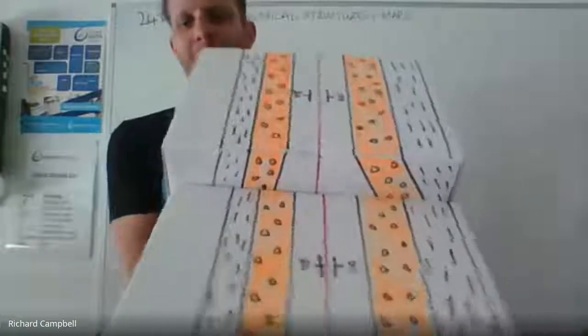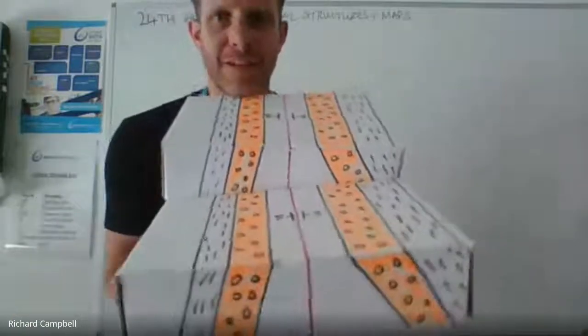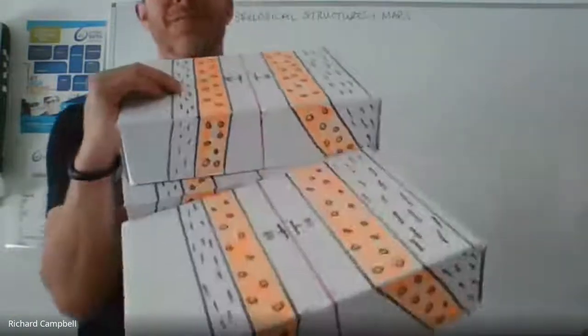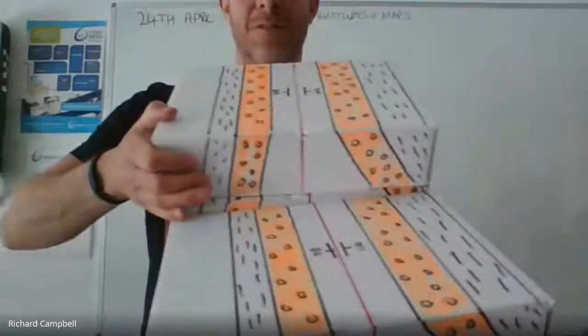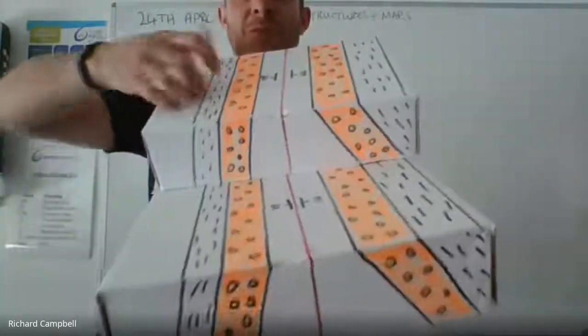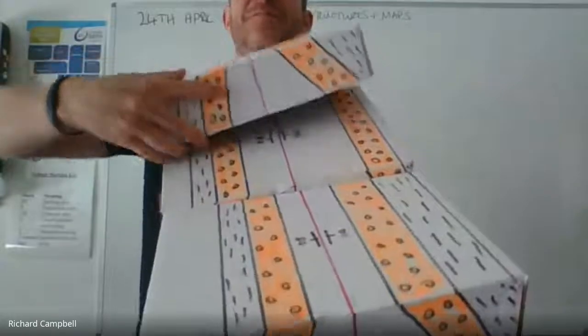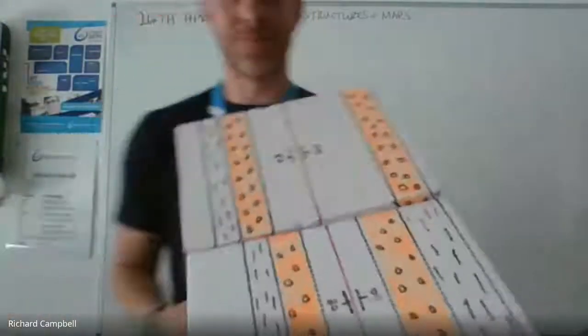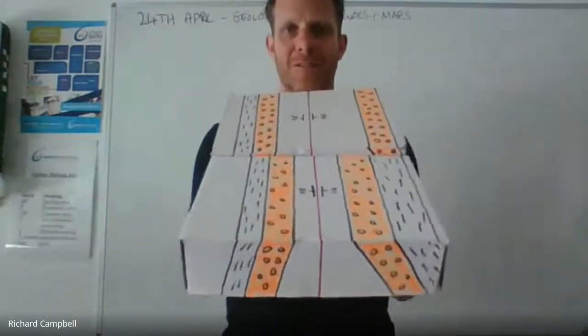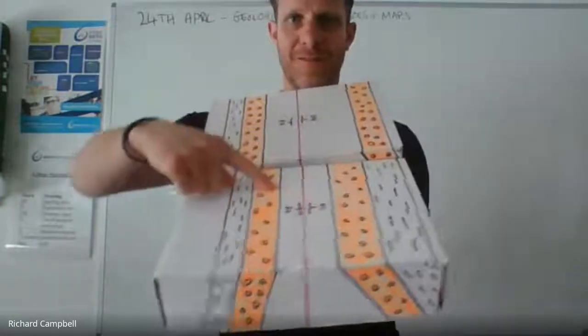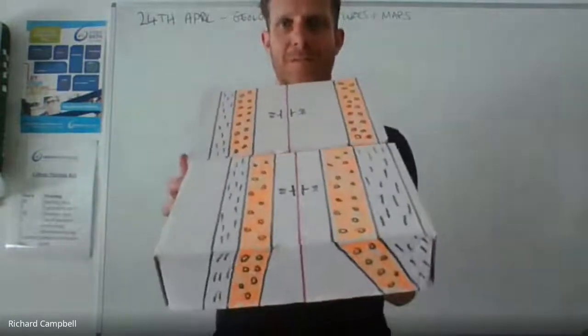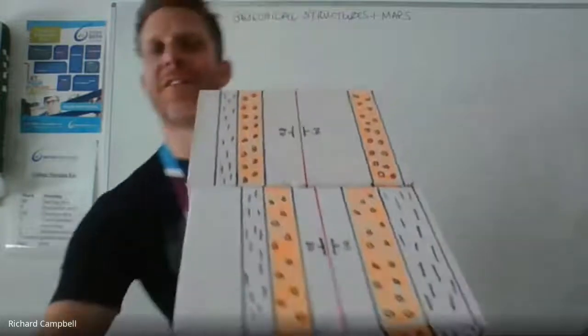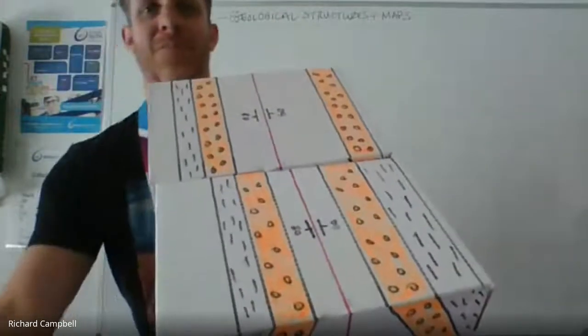So by the power of 3D box technology, we erode this part off, and what we've got is what it would look like underneath that eroded surface.